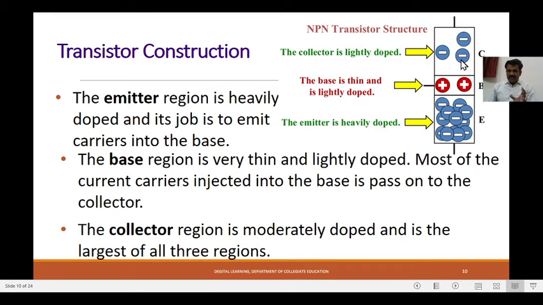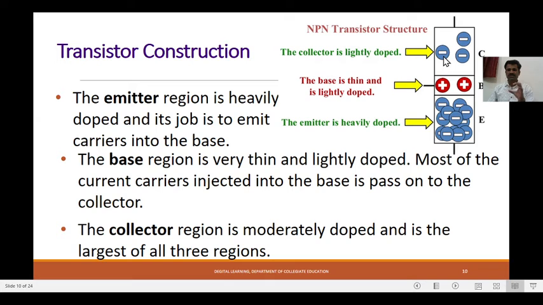And in the case of the collector region, the collector is lightly doped, and its thickness is very large compared to the base and the emitter, because it has to collect all the charges which are coming from the base. For that purpose, its area or thickness will be larger.